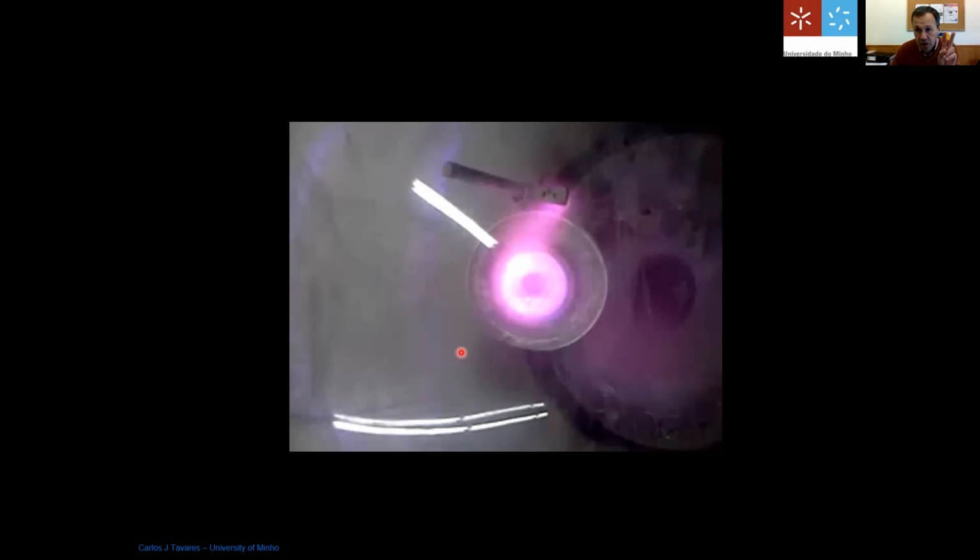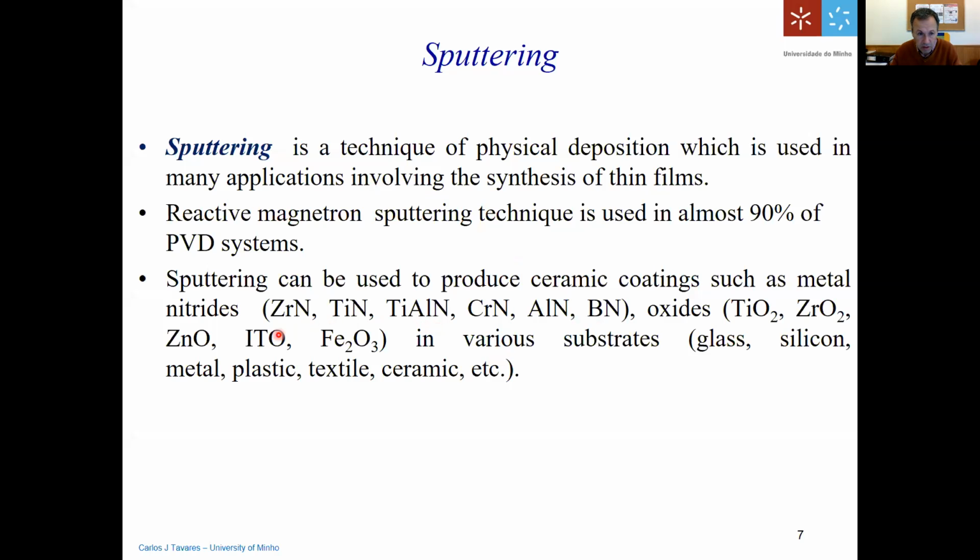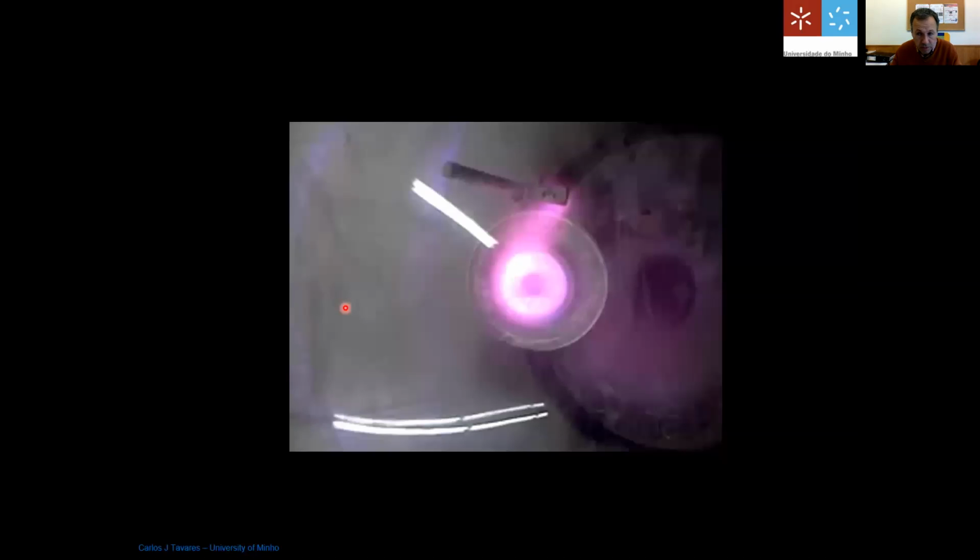So there are two gases that you have to introduce. You cannot generate a plasma if you do not introduce, for example, argon or krypton or xenon, which is an inert gas, okay? Then if you want to make reactive sputtering, you have to introduce oxygen if you want to make titanium dioxide. But if you want to make titanium nitride, then you don't need the oxygen, but you need nitrogen.